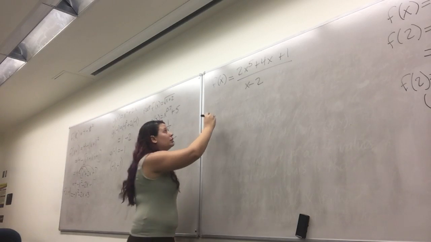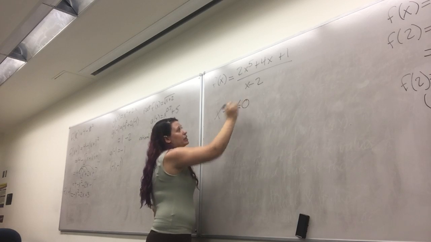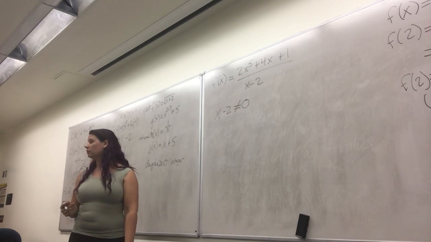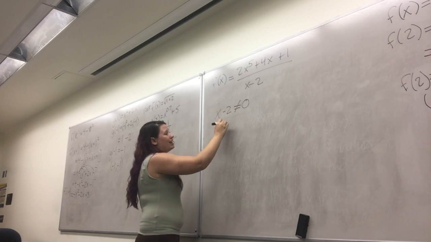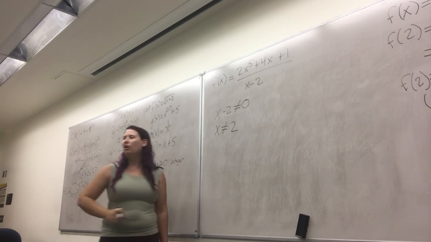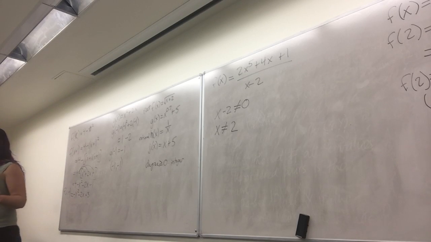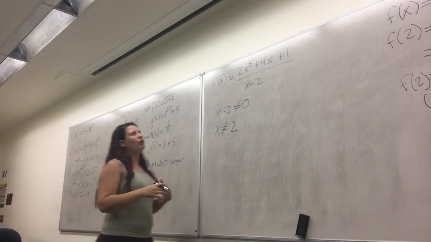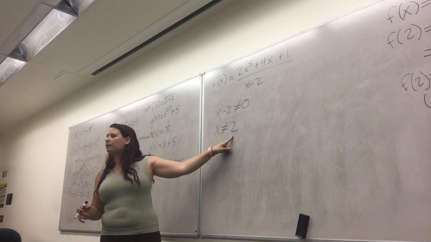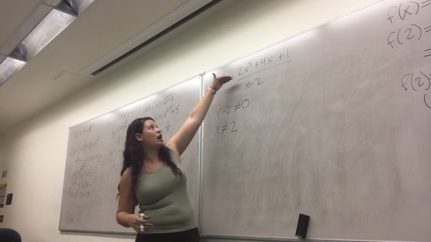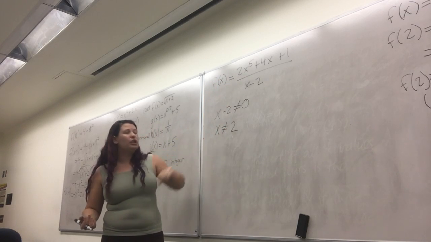You can literally take the bottom and say it can't equal 0 and solve it. If we solve this, like you said, we get x can't equal 2. So if we think of any other number but 2, we can plug it in, because the top is good with whatever, and the bottom is good with anything other than 2.